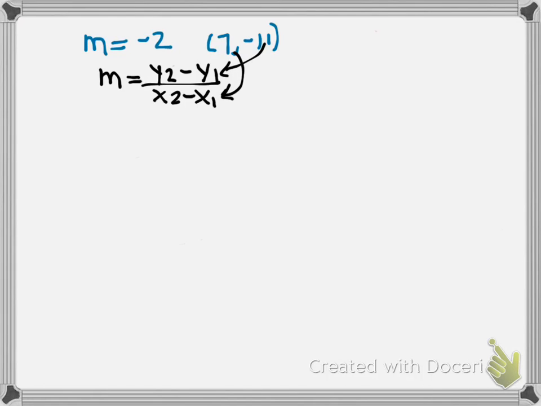So here we go. We now have negative 2 equals y minus the y value, negative 11, over x minus the x value, 7. Okay. Now, notice I've got a double negative on top, so it just becomes one big positive.